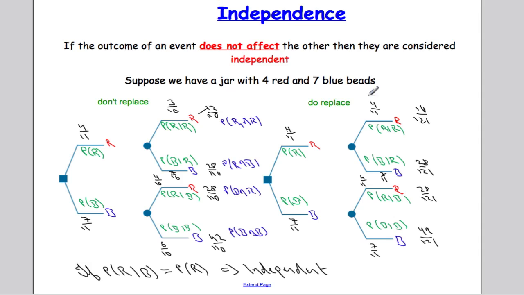And if you think back to this, the probability of R multiplied by the probability of R given R is in fact the probability of R intersection R, and this is going to be the probability of R intersection blue, the probability of blue intersection R, and the probability of blue intersection blue.